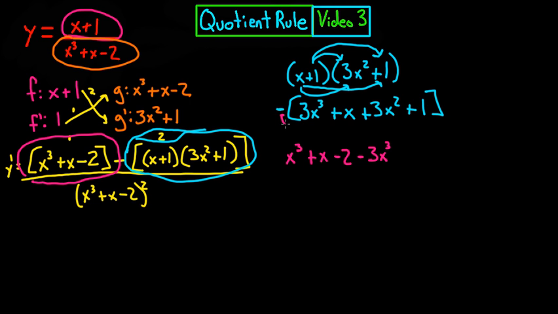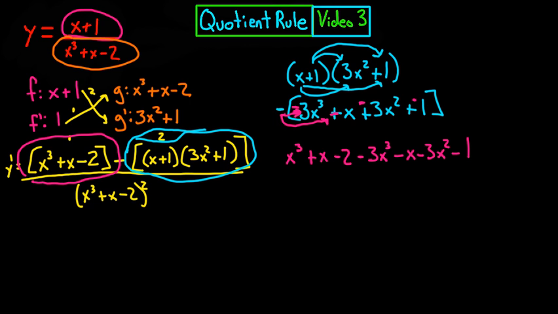Remember, you've got to take this and put it in front of everything. So it's going to be minus, minus, and minus. So minus 3x cubed, minus x, minus 3x squared, minus 1.